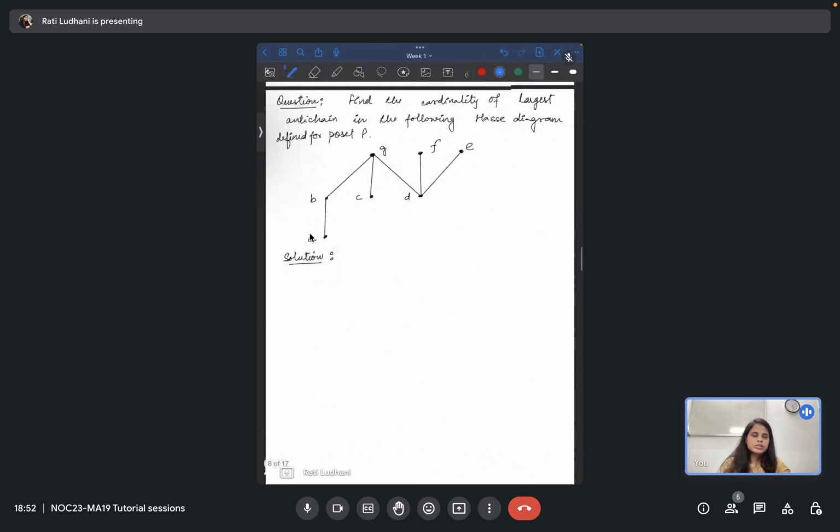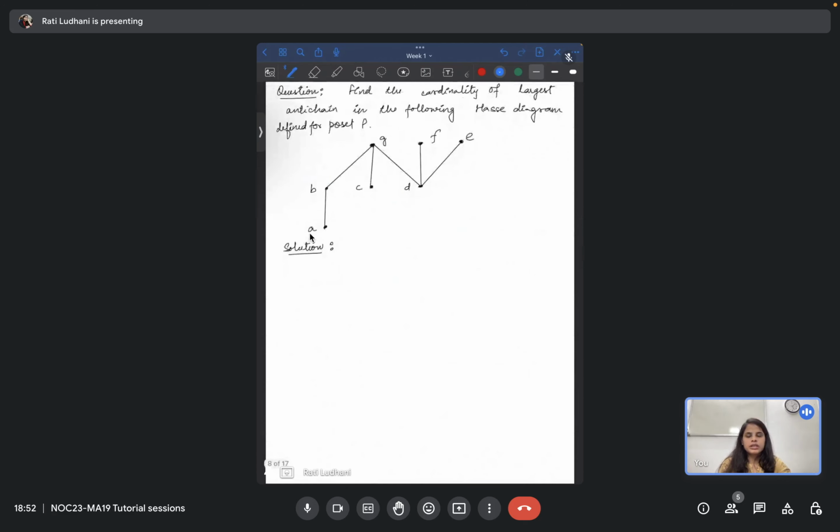But this question is actually just asking what exactly the edges should be in a poset, just to understand. Find the cardinality of the largest anti-chain in the following Hasse diagram. You have been given this Hasse diagram.